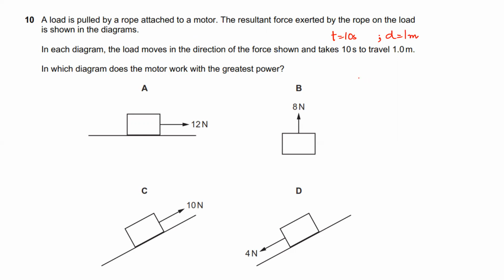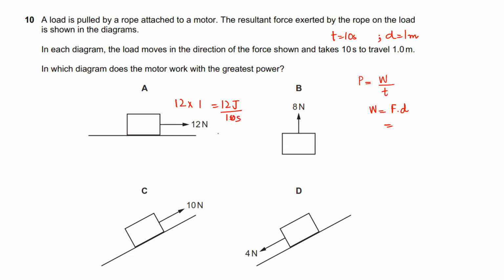So remember, we have to calculate power, and power is work done per unit time. Work done is equal to force multiplied by distance, F dot D. For the first case, 12 newtons multiplied by 1 meter is 12 joules of work, divided by a time of 10 seconds.